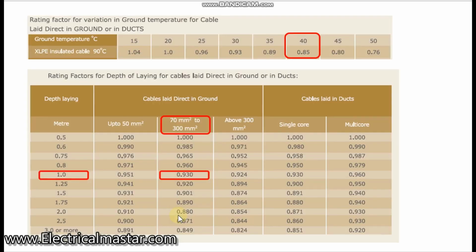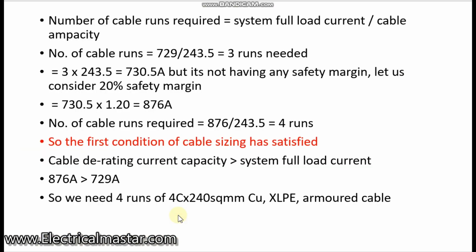Now we will find how many cables are required to match our load of 729 amperes. That is very simple. Number of runs equals total load 729 divided by the derated value 243.5. So it came to 3 runs needed to support the 729 amperes.